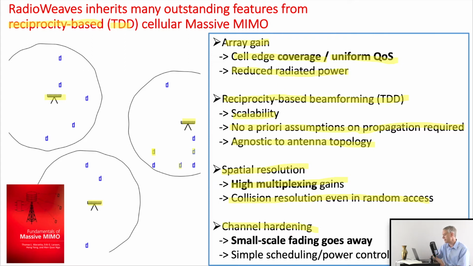So we better give all the terminals the full bandwidth simultaneously and then multiplex them spatially as well. And this hardening also simplifies not only scheduling, because the need for scheduling essentially goes away, but it also simplifies a lot of other tasks in the system, like power control, for example. So radio weaves inherits pretty much all these highly attractive features of cellular massive MIMO.